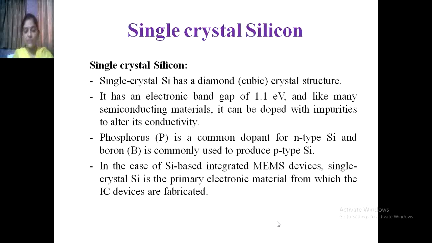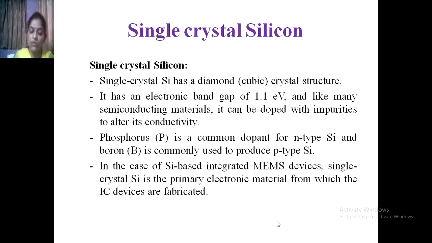In silicon based integrated MEMS devices, single crystal silicon is the primary electronic material from which the IC devices are fabricated. We know the IC, that is integrated circuit, has a large number of transistors.